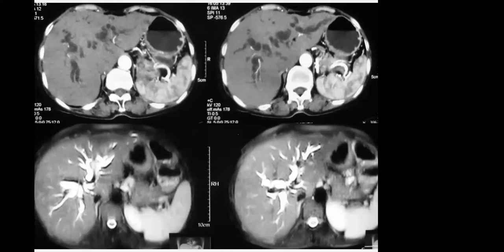And if you see any structure is bright or white on MRI, you call it hyperintense. So when you read the report, you will see this different nomenclature we use when we report a CT scan or MRI.